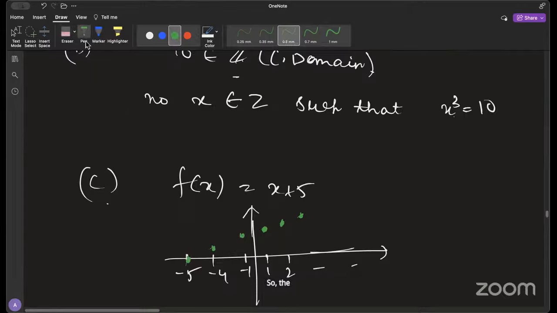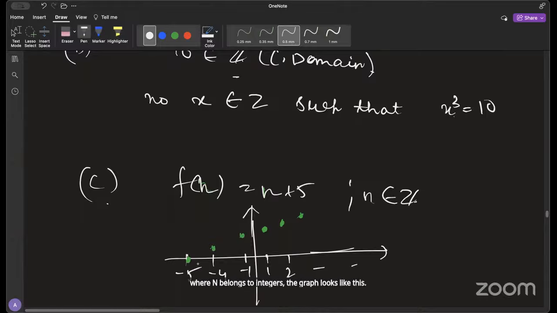So the graph now for f(n) equals n plus 5, where n belongs to integers, looks like this. And it's clearly a 1-1 and onto function both, right? Yes, ma'am.